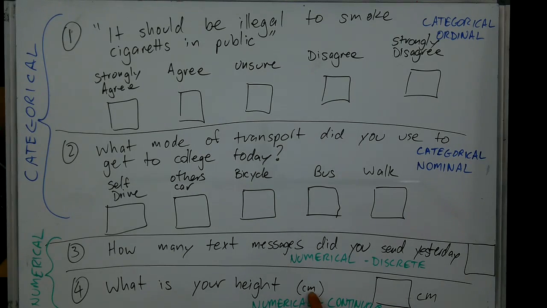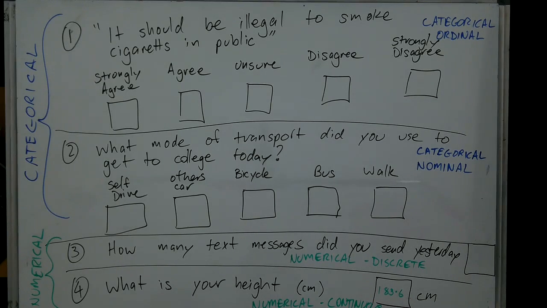Although it does ask for centimeters, we don't necessarily have to round to a whole number of centimeters. We could measure and go, oh, I'm 183.6 centimeters, if you can measure accurately enough, and that is still in centimeters.